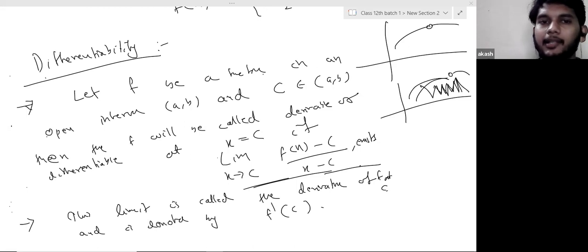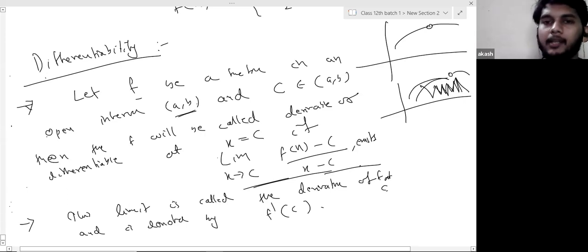All right. So what this definition is saying: let f be a function, and the domain is a to b. Suppose this is 4 to 8 or any number it be, and c is any number in that domain.